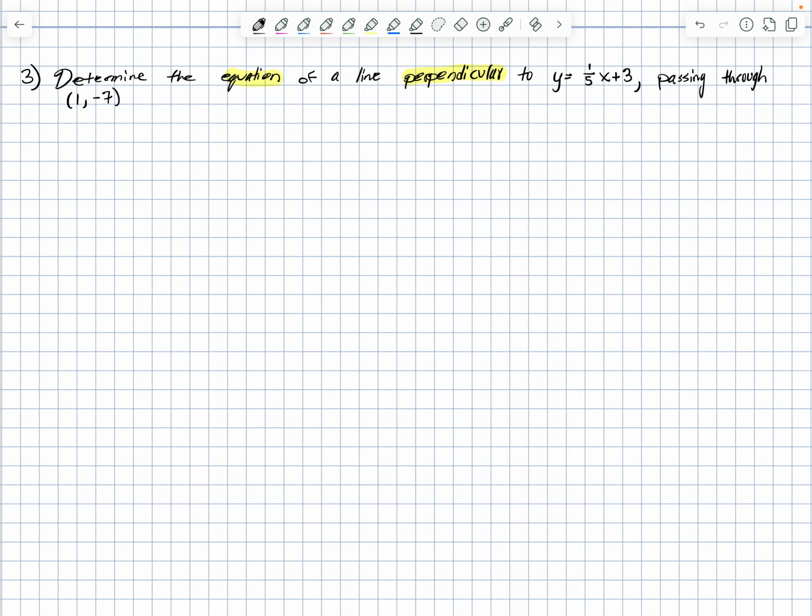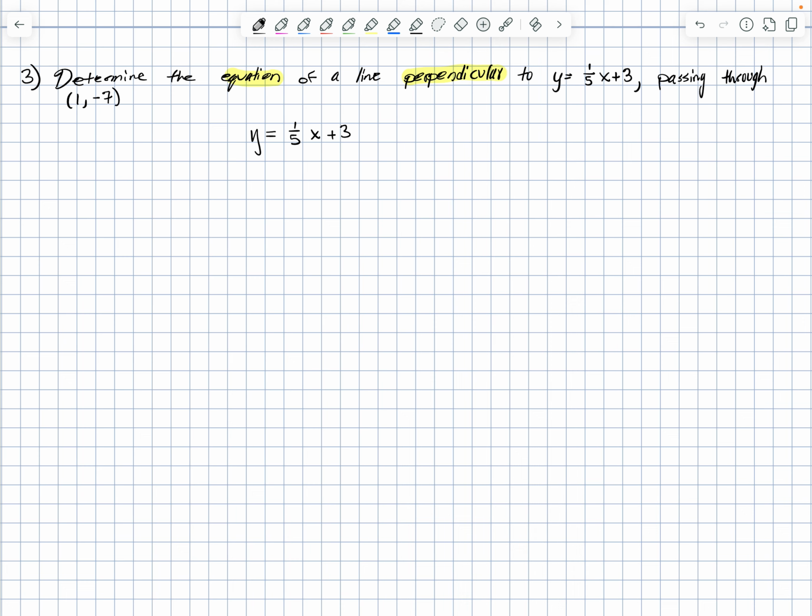Here, a very good question is, determine the equation of a line perpendicular to a given line passing through a point like this, right? So how we do these problems is always start with the given equation. So start with y = 1/5 x + 3.